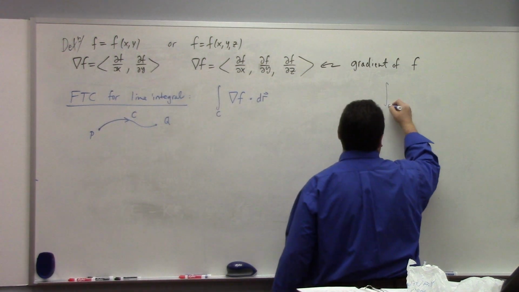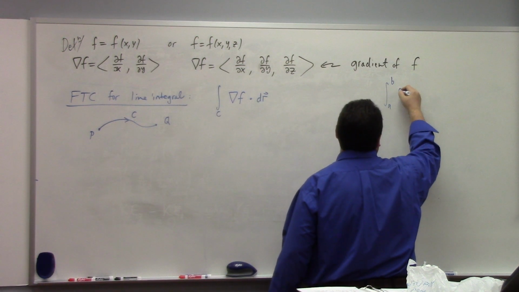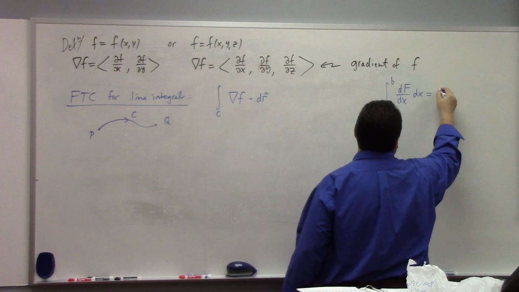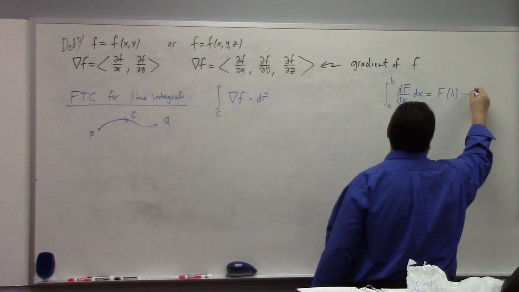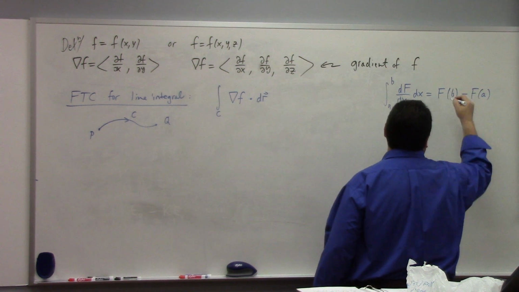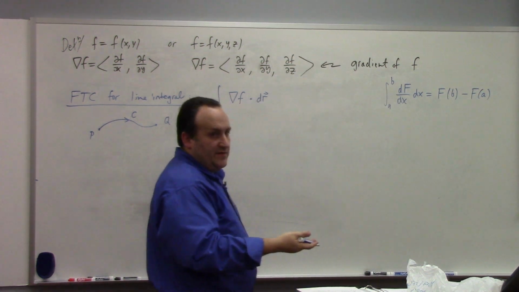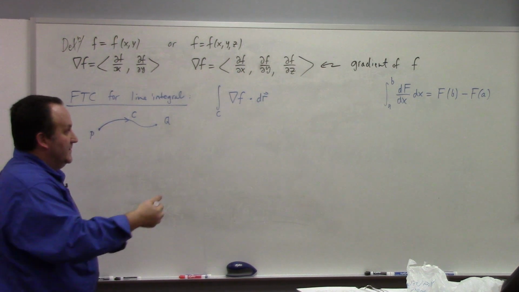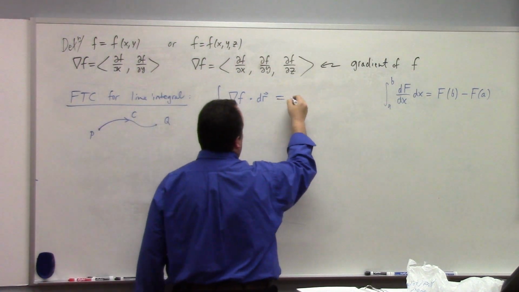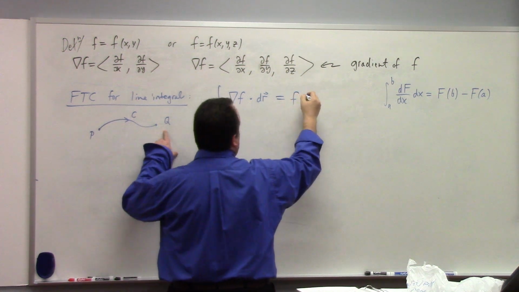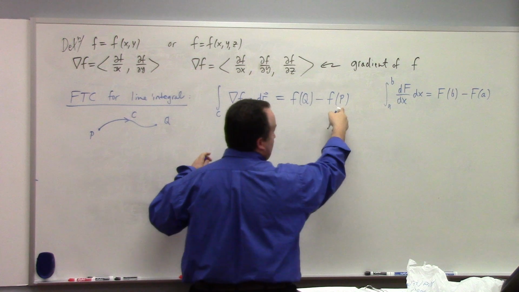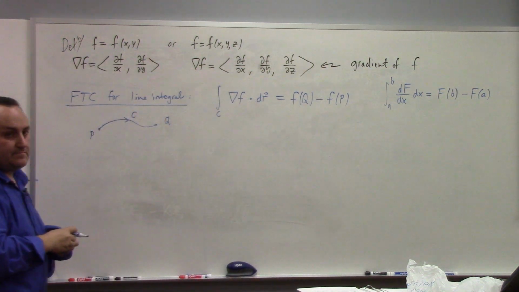Do you guys remember? I mean, you know this, right? If you've got df dx, what's it equal to? F of b minus f of a, right? We all know this. This is also true for the gradient. So this is equal to f of q minus f of p. Now here p and q are points in either 2 or 3 dimensions.